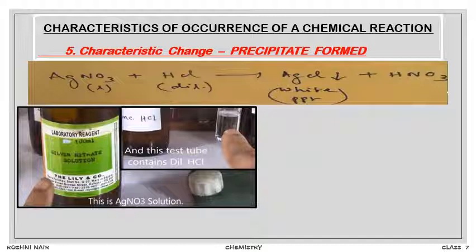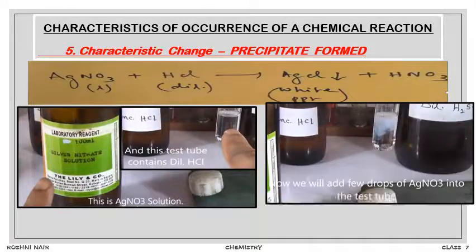The bottle shows silver nitrate solution. In the test tube, we are showing dilute hydrochloric acid. So when you take this dilute hydrochloric acid in the test tube and add a few drops of silver nitrate into it, you can see a white color precipitate forming, right?